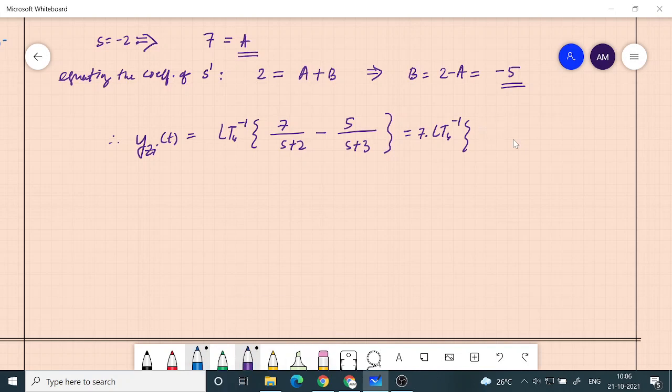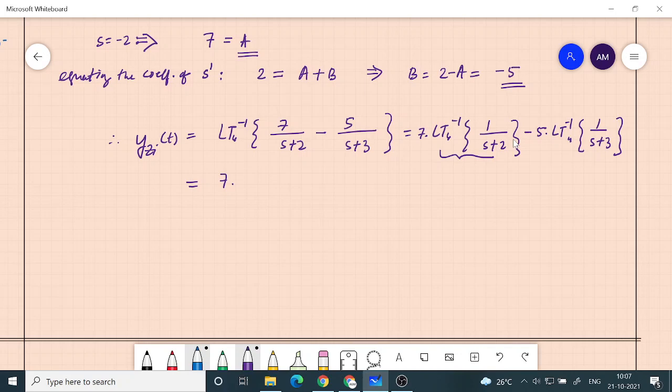So 7 into the inverse Laplace transform of 1 by s plus 2, then minus 5 into the inverse Laplace transform of 1 by s plus 3. What is the inverse Laplace transform of this term?